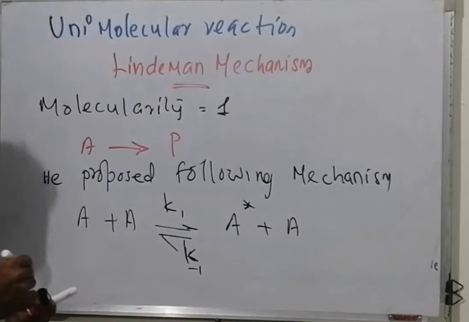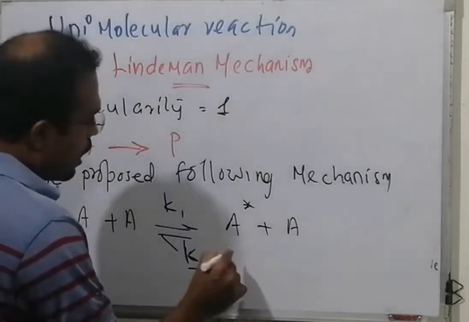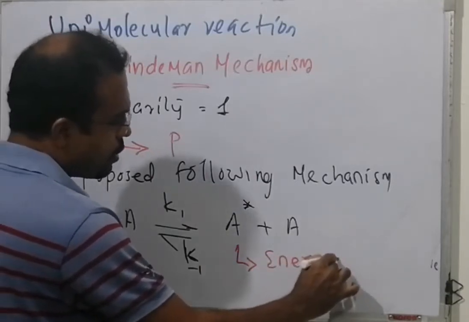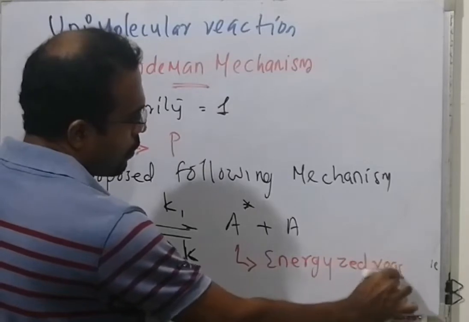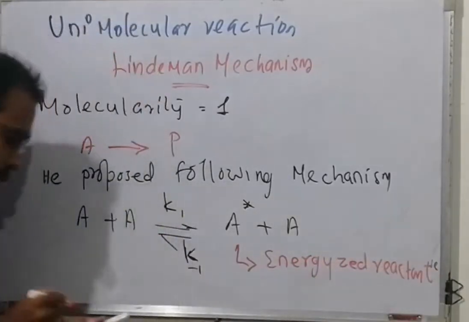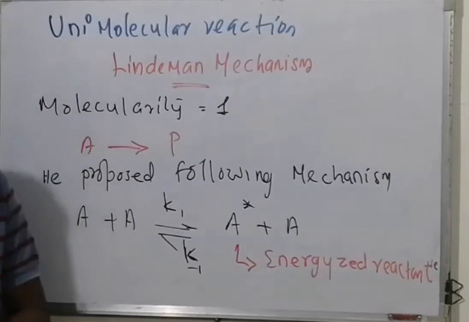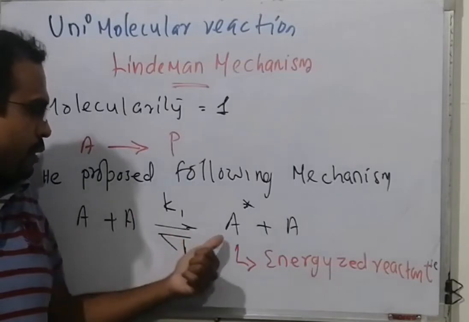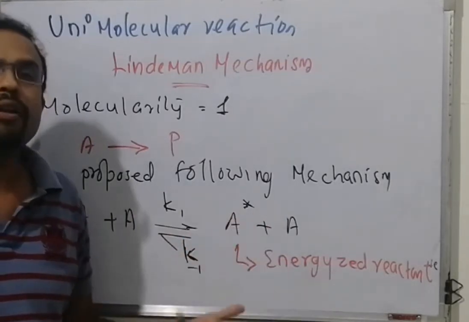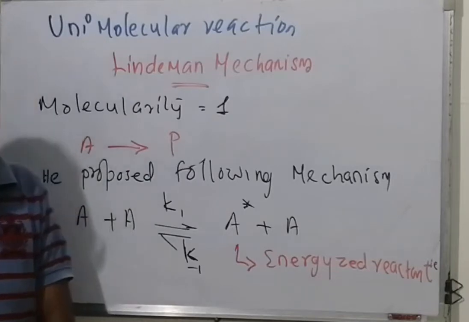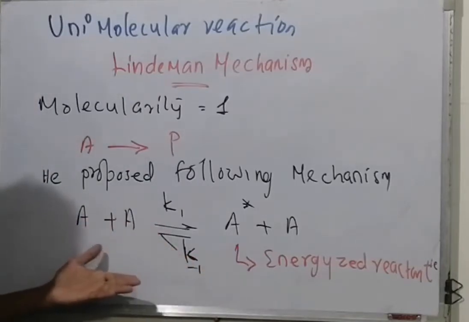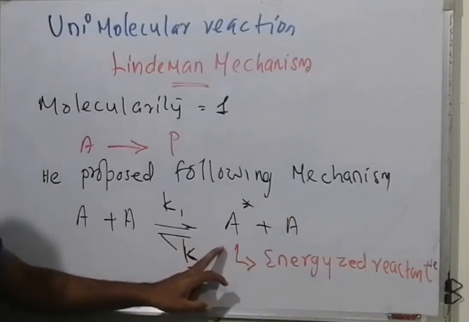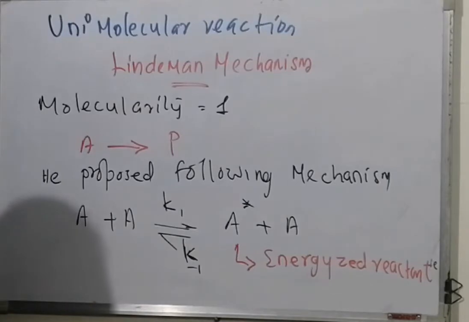Now A star is nothing but energized reactant. After the collision between 2 A molecules, you got an energized reactant and a normal A molecule. The reverse arrow indicates these products have a tendency to convert back to the reactants.